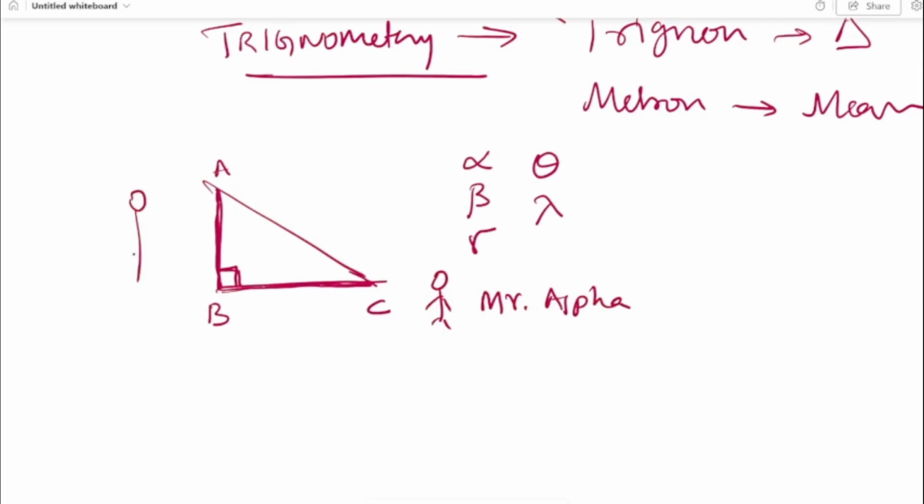So this is the Statue of Liberty, the Lady Liberty. And Mr. Alpha is amazed looking at this beautiful statue, and he wants to see how tall the statue is. So he elevates his face, his chin. He looks up. So basically, he's looking up at an angle, say theta.